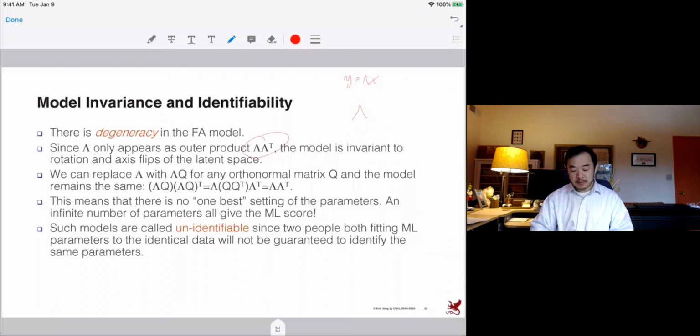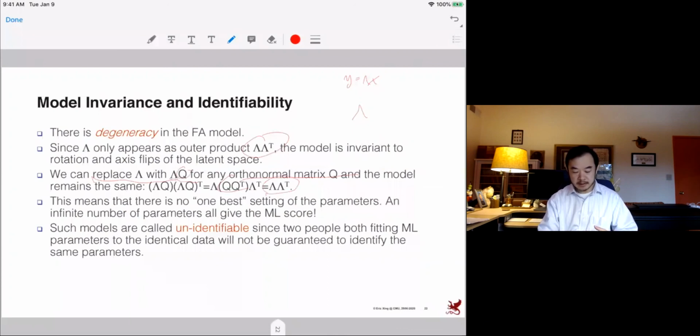And this actually creates a problem known as rotational invariance, because if you replace lambda with lambda multiplied by Q, where Q is what we know as the orthonormal matrix, meaning that Q times Q transpose gives you an identity, then whatever Q you plug in will lead you to the same outer product of lambda and lambda transpose.